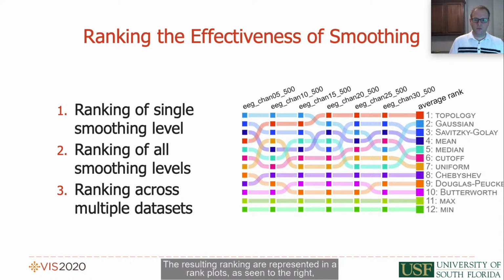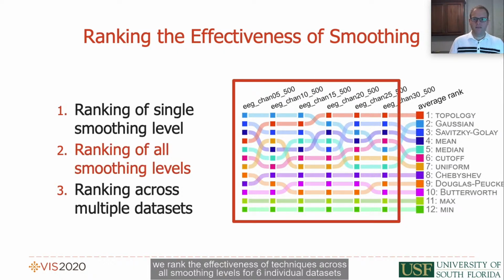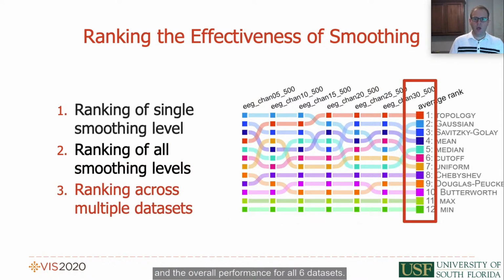The resulting rankings are represented in a rank plot as seen to the right, where better ranked techniques appear towards the top. In this particular example, we rank the effectiveness of techniques across all smoothing levels for 6 individual datasets, and the overall performance for all 6 datasets. Once again, please see our paper for details about this calculation.